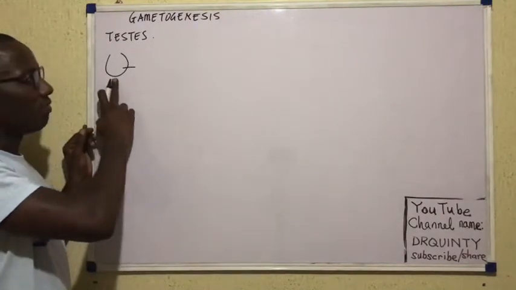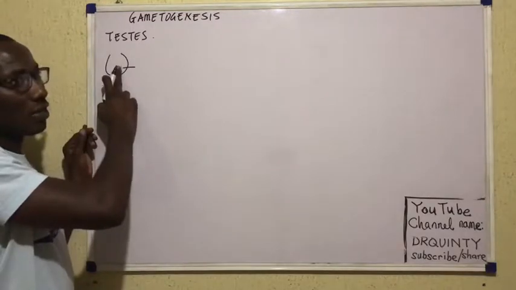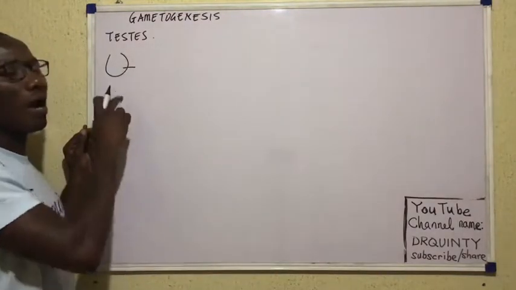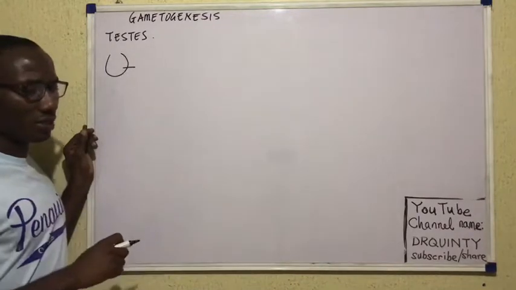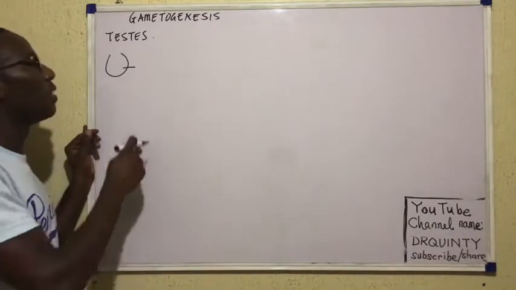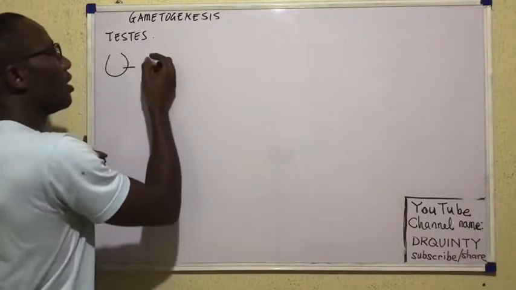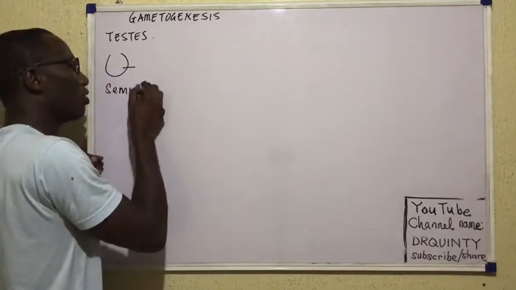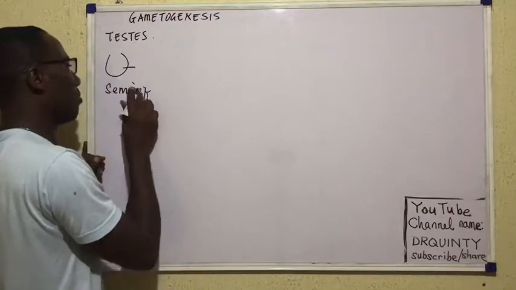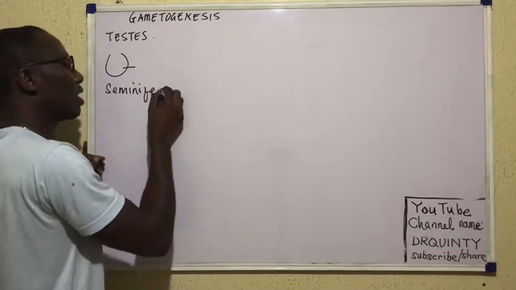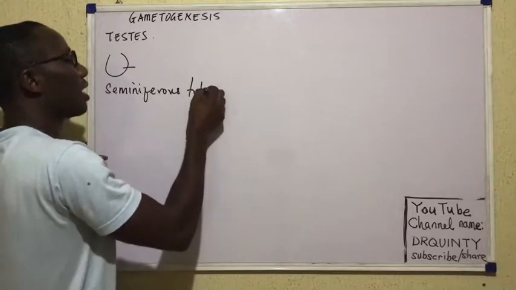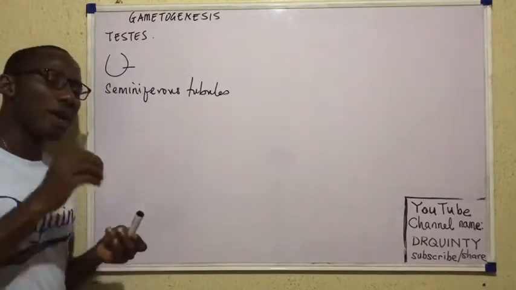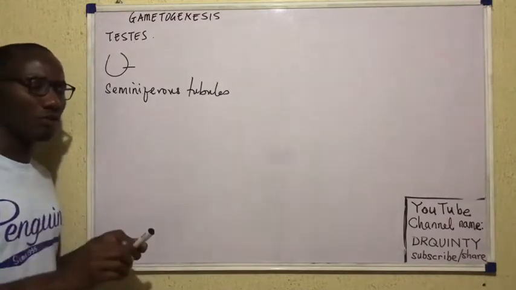So it is believed that the testes are outside to provide the low temperatures required for adequate spermatogenesis. Now, within these testes, you have what we refer to as the seminiferous tubules. The seminiferous tubules are the main site within the testis where these sperm cells are produced.